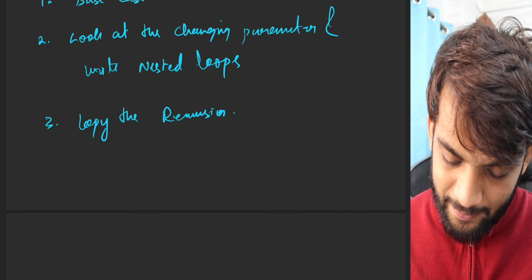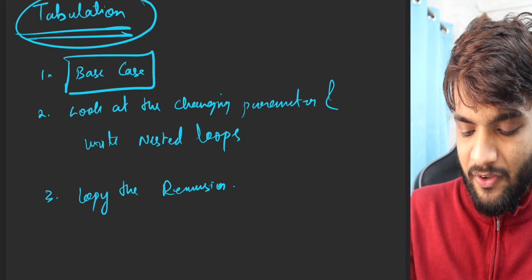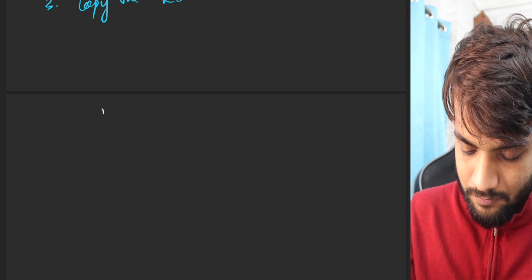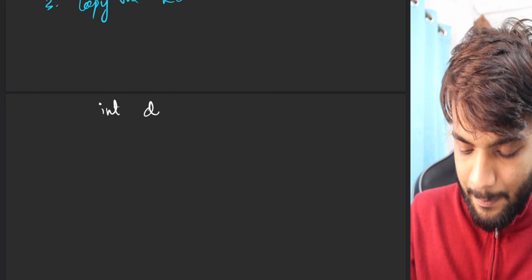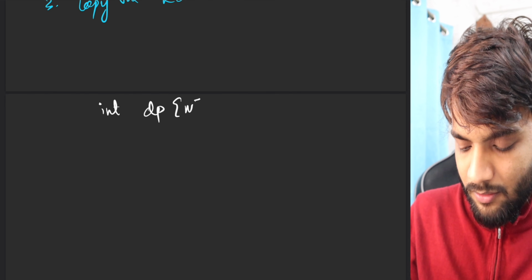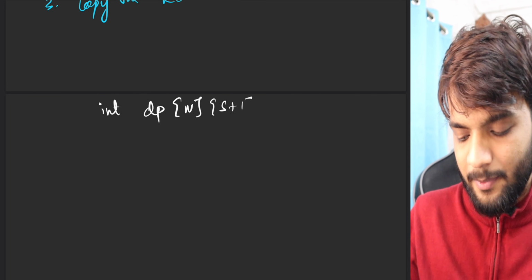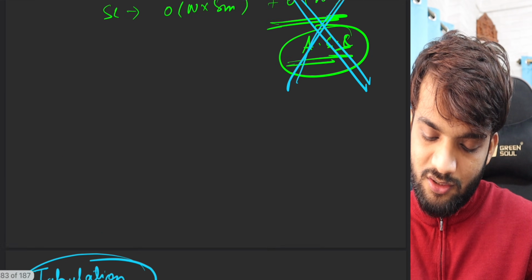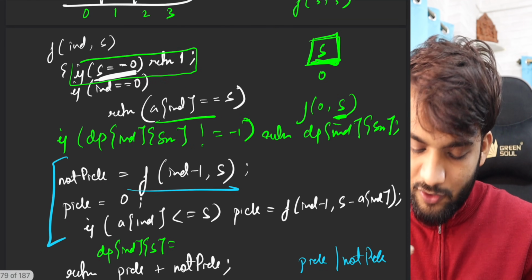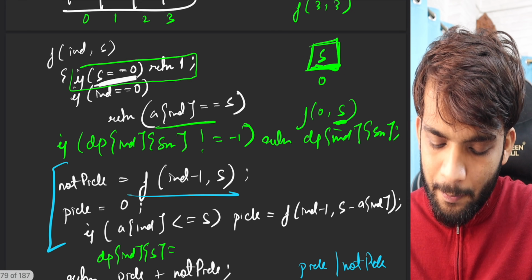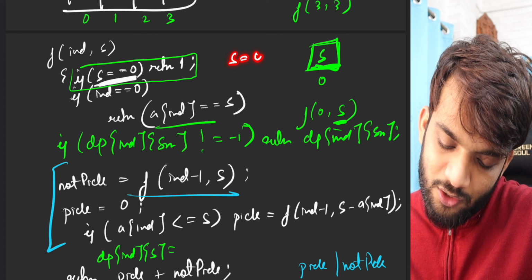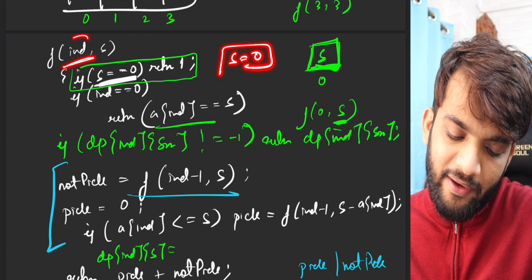Okay. So base case. First step, the dp will always be same. So int dp of n, sum plus 1. Now let's look at the base cases. What are the base cases? Observe this. The first base case says if sum is 0. So if sum is 0, what can be the possible value of indexes?